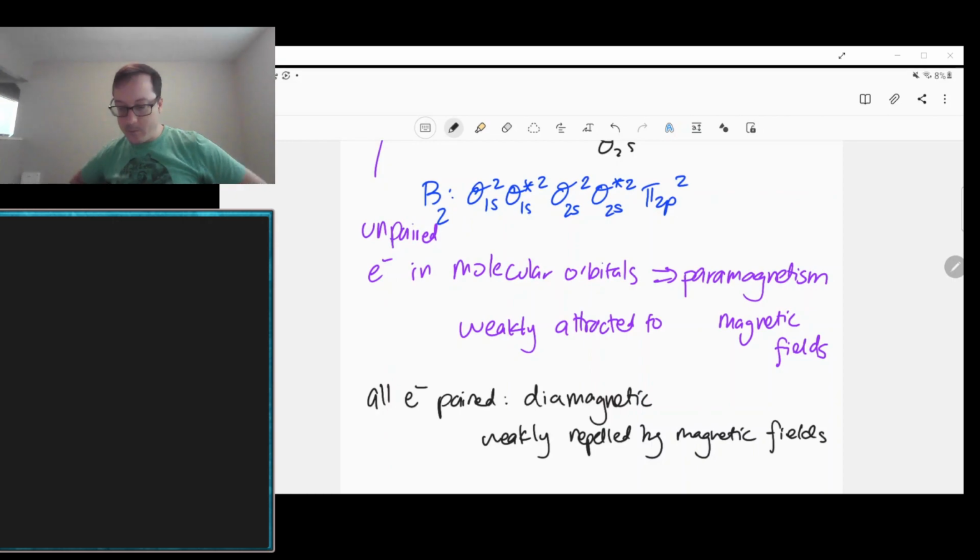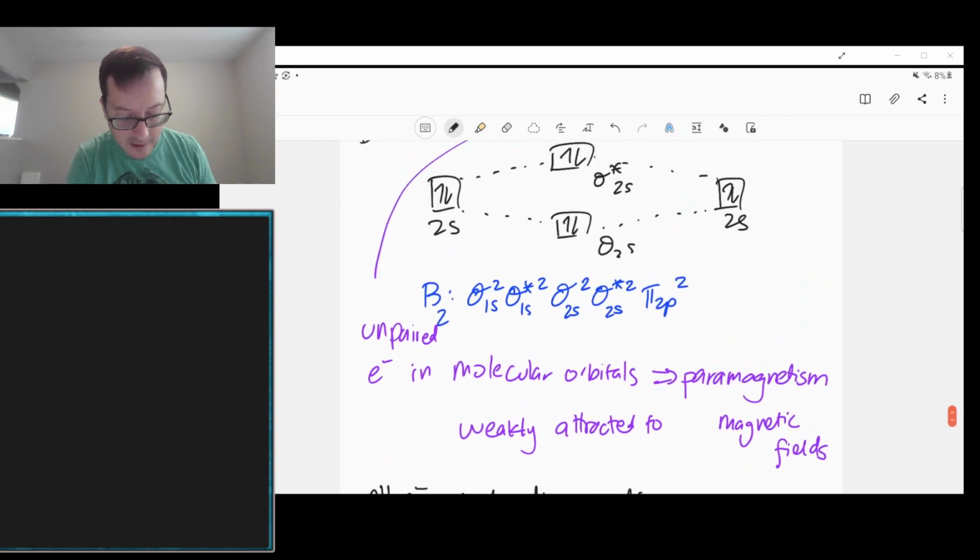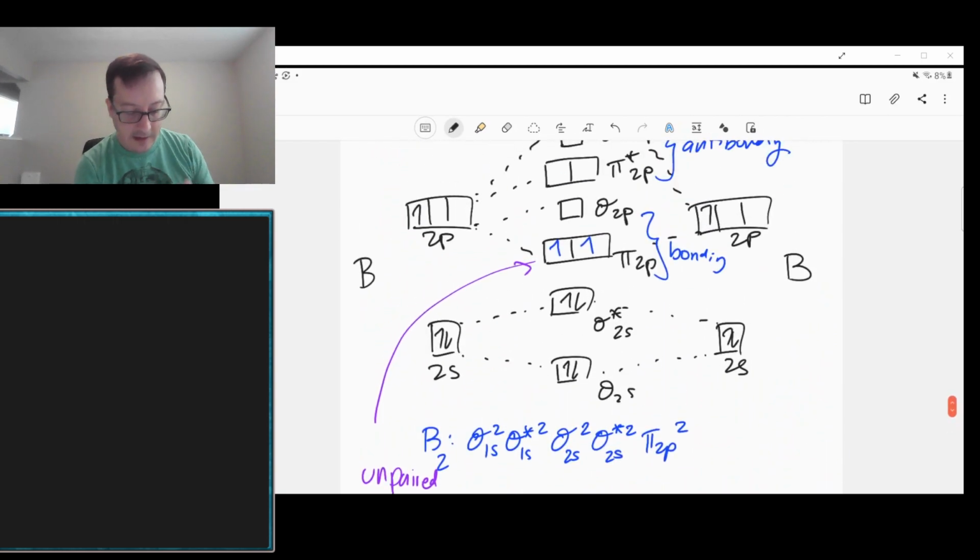We can classify molecules as being paramagnetic or diamagnetic, depending on how their electrons are paired. And so we see here we have the pi 2p orbital. That one has two unpaired electrons in it, and as a result, the molecule is paramagnetic.